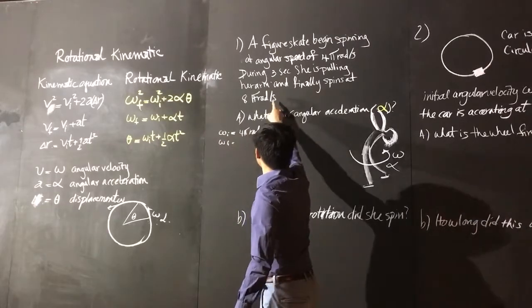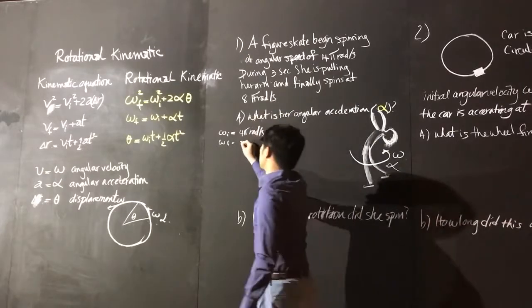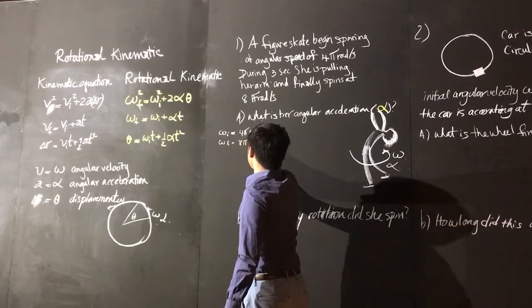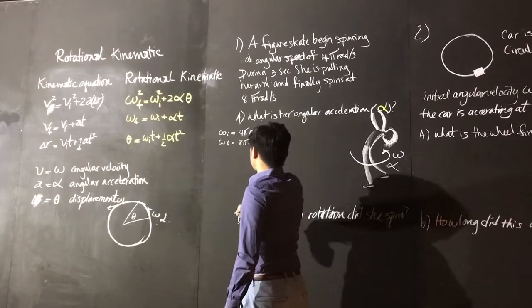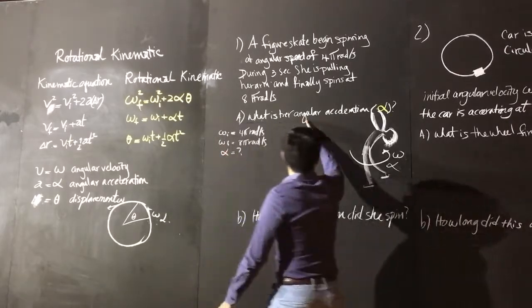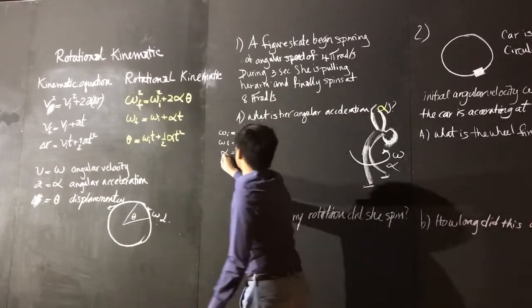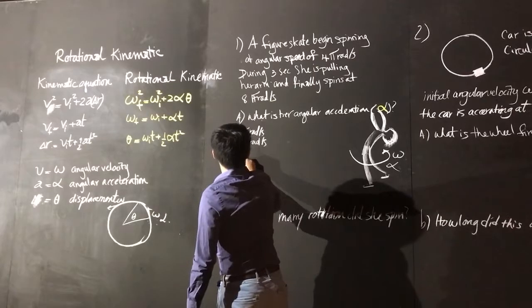At the end of that spin, she gains speed, which is twice that, 8 pi radians per second. We need to look for the angular acceleration. Do we know the time? Let me look. Okay, we know the time, which is 3 seconds.